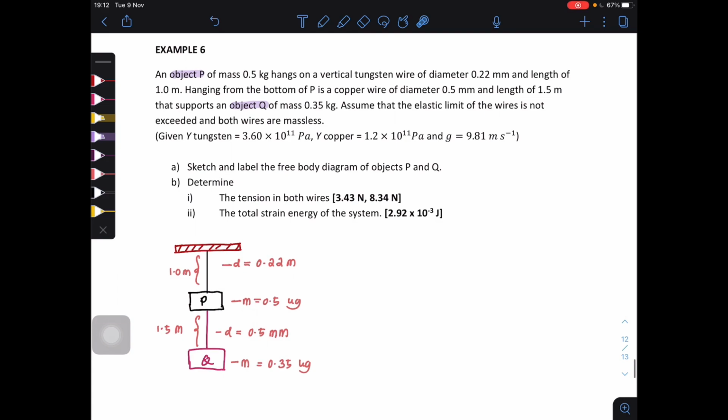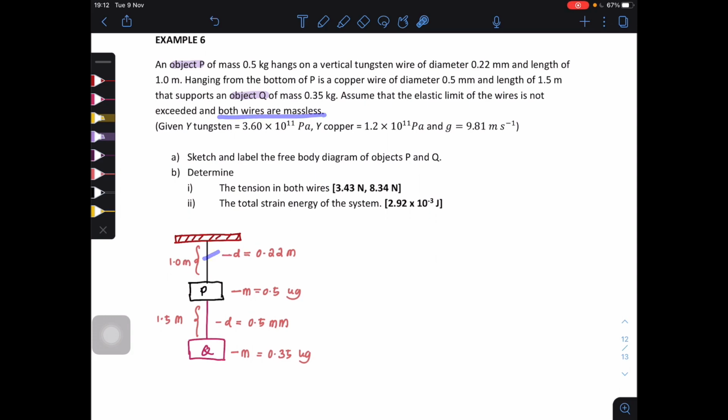And then we need to assume that the elastic limit of the wire is not exceeded and both wires are massless. So the tungsten wire and the copper wire, kita boleh ignore the mass.